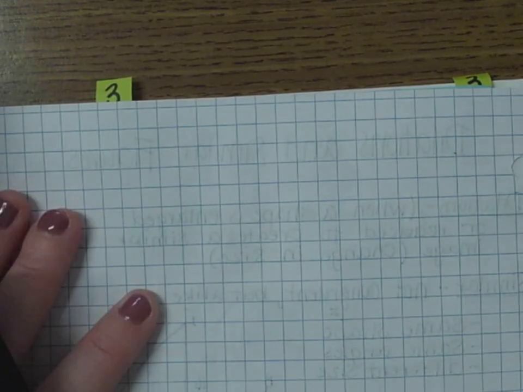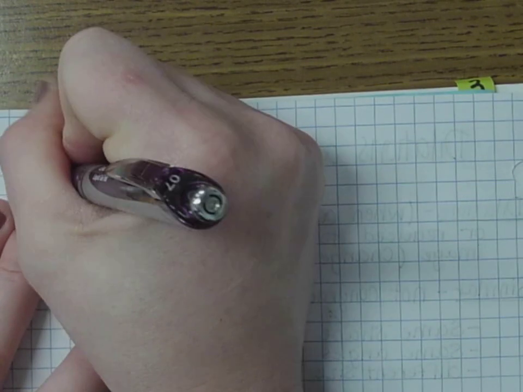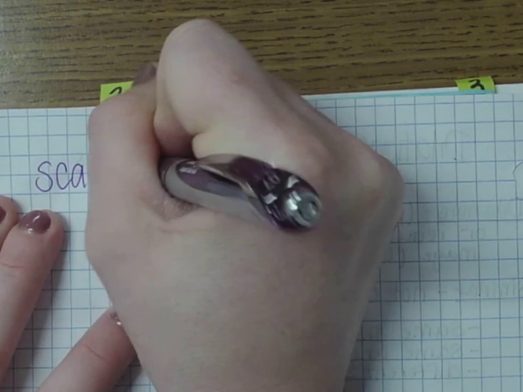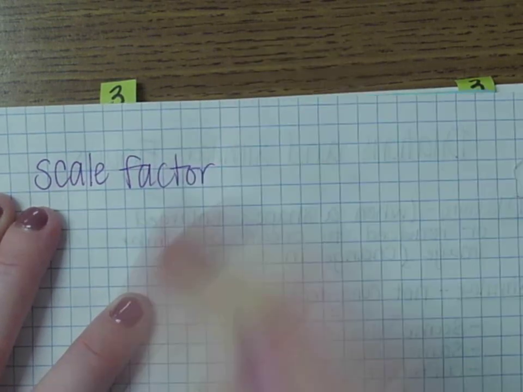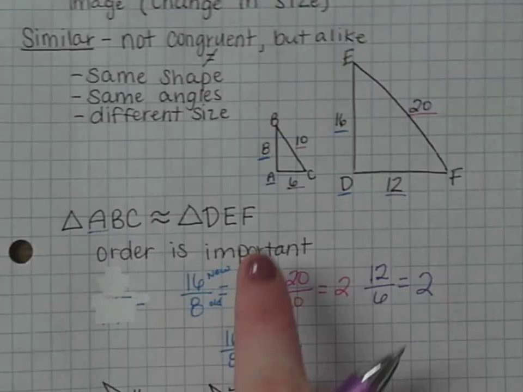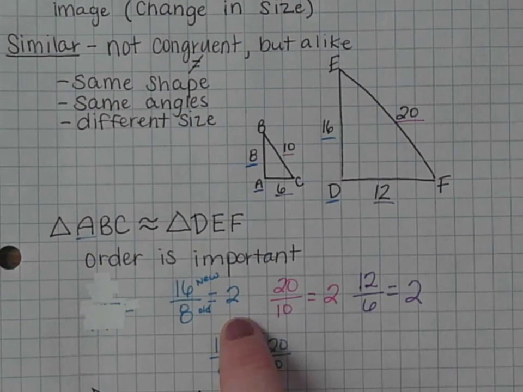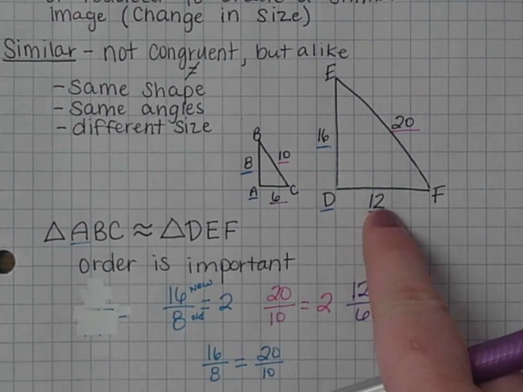Okay? So when you look at that, that was called a scale factor of 2. So when you divide these side lengths, 16 divided by 8 was 2. 20 divided by 10 was 2. 12 divided by 6, that's 2.